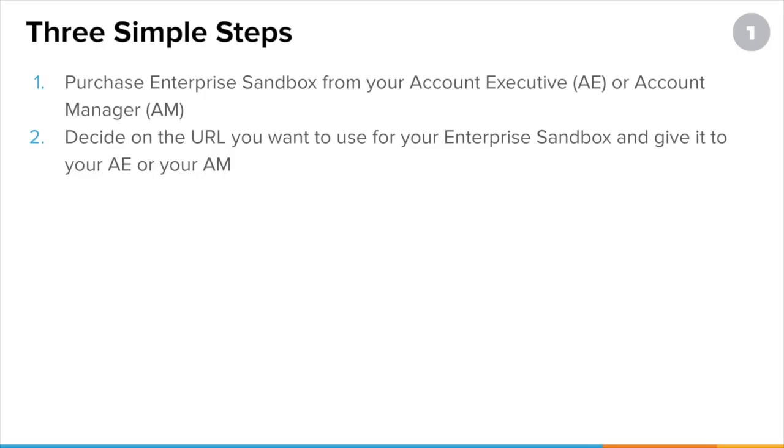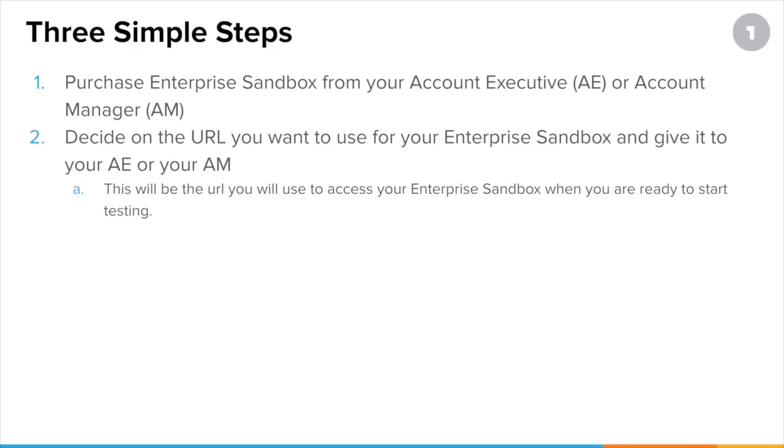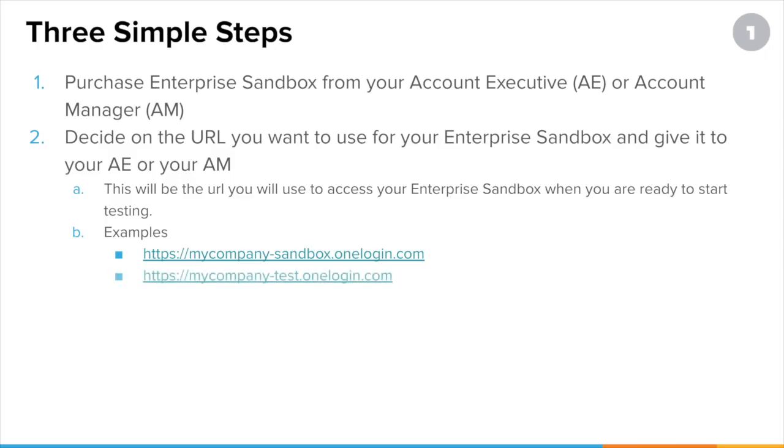This is the one that you'll be connecting to in order to do all your testing. The URLs usually have your company name in them, maybe the word sandbox or test or even dev tagged in there. It really just needs to be unique.